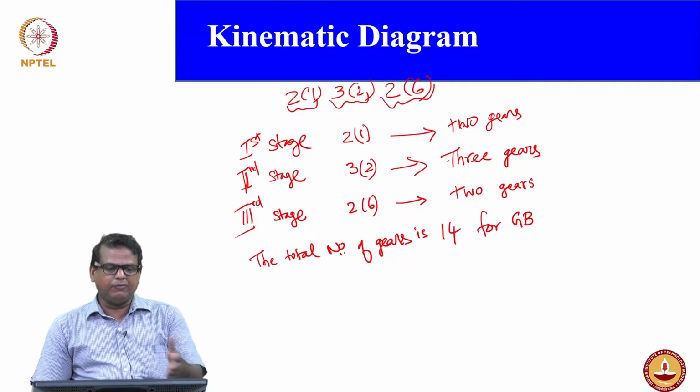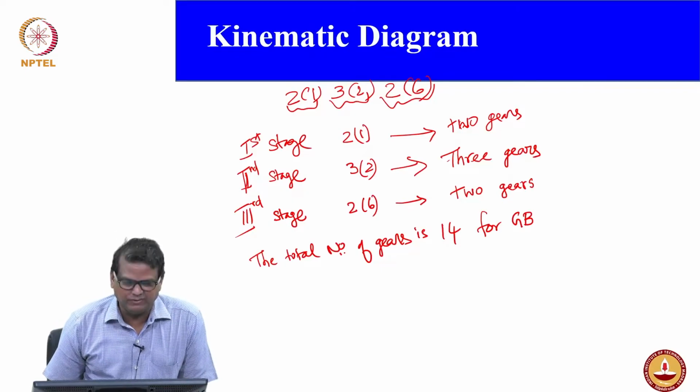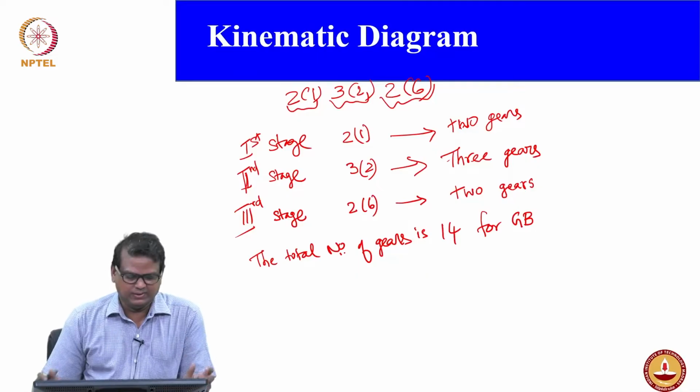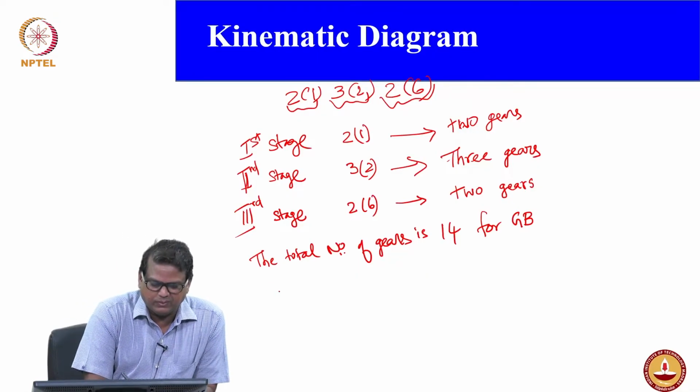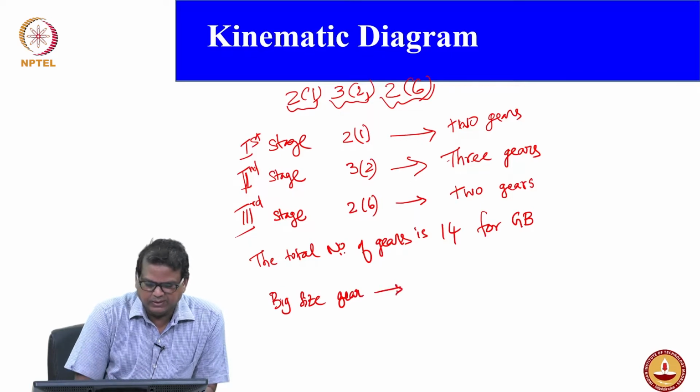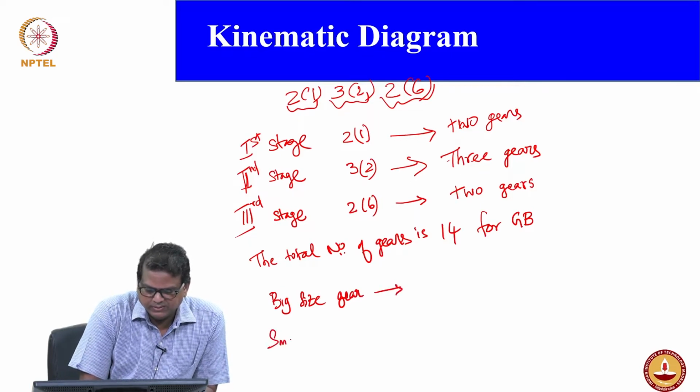Before discussing the construction of the kinematic diagram, I want to give information about size and speed. If the gear size is big, what happens to the speed? I am talking relatively. And if you have a small size gear.